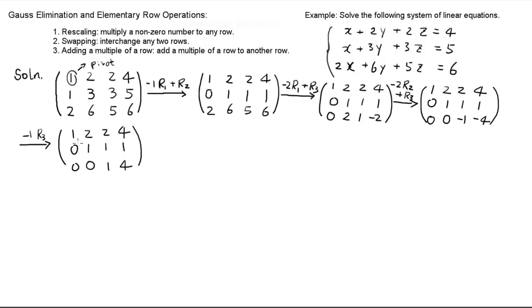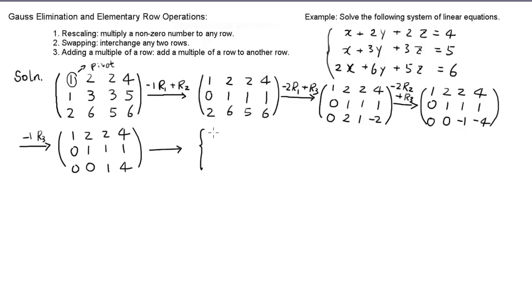Now we are done. We see that if we look at this part, we have an upper triangular matrix. Over here, we have non-zero entries, and over here we have all zeros. Now this augmented matrix, if we go back to the linear system, we have the corresponding system like this. The first one is not even changed, x plus 2y plus 2z is equal to 4.